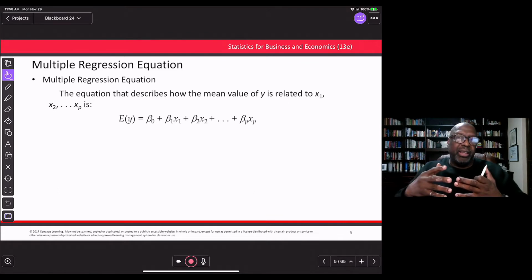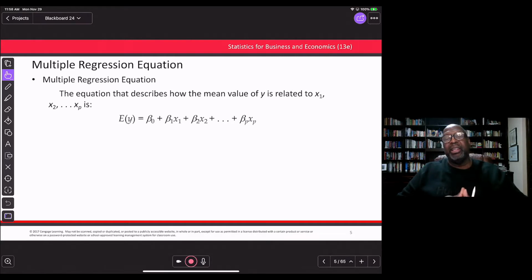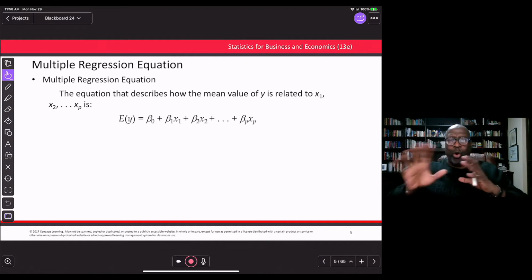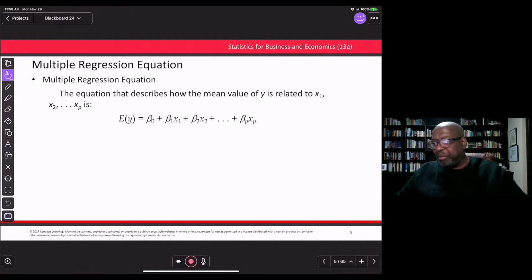The long run expected value of y is equal to beta 0 plus beta 1 x1 plus beta 2 x2, etc., plus beta p xp. We drop the error term, and that is because the expected value of the error term is 0. In other words, the mean of the errors that we get from regression, if we were to plot all the possible values, is 0.